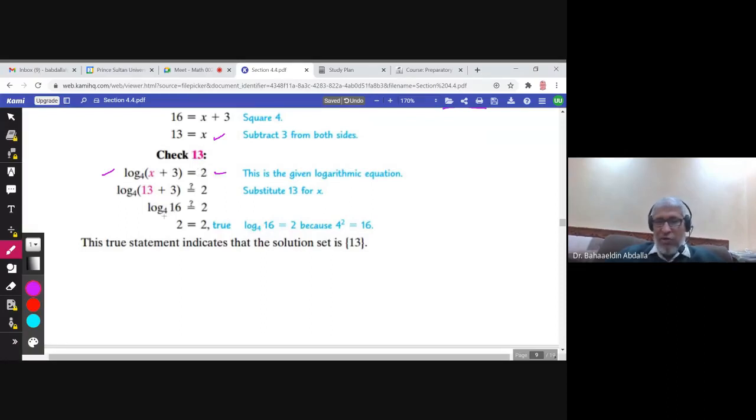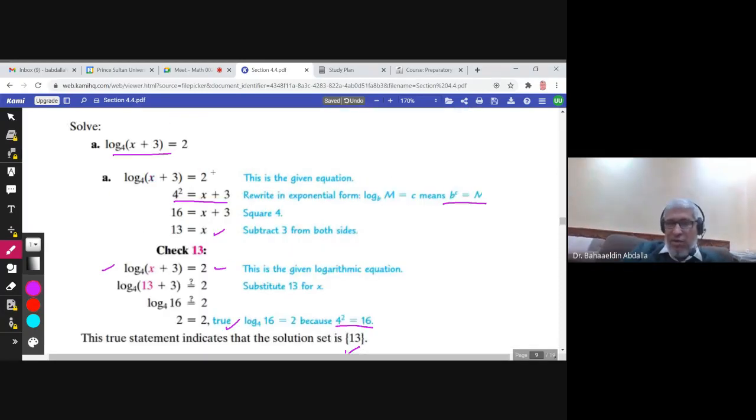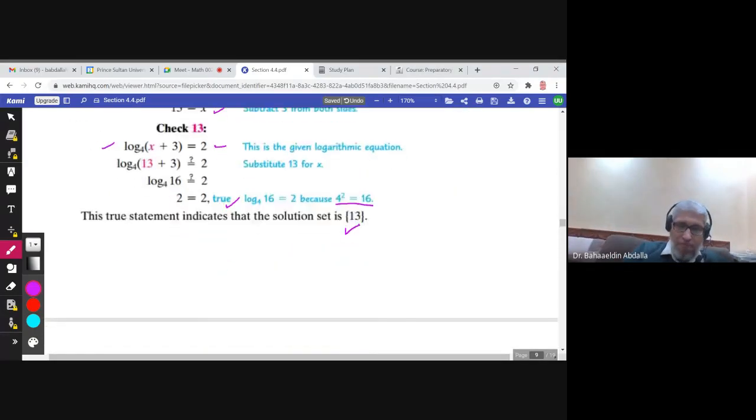Log 16 to the base 4, you calculate this by the calculator, or you think, 4 to what number equals 16? 4 to the power 2 equals 16. So log 16 to the base 4 would be 2. 2 equals 2. This is true. So the solution set is 13. So 13 is correct, and 13 is the answer of this equation.